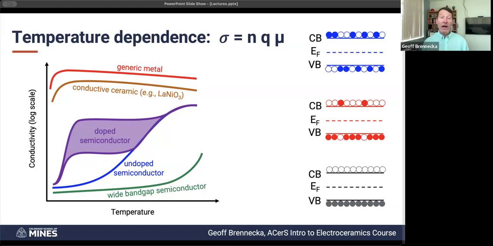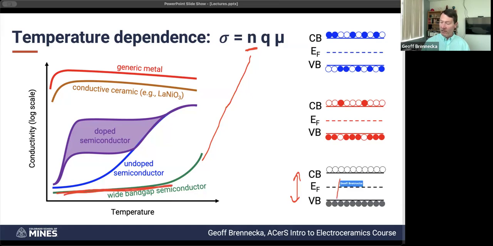If we have a very wide bandgap semiconductor, so getting back to the conductivity part, for something where the number of carriers is what dominates the temperature dependence. If we have a wide bandgap semiconductor down here, that basically means this barrier is so large that it takes really high temperatures before we start to get any significant contribution to conduction. And so in this whole region down here, we're only getting one electron hopping over the barrier.